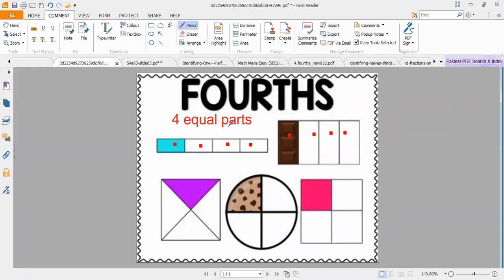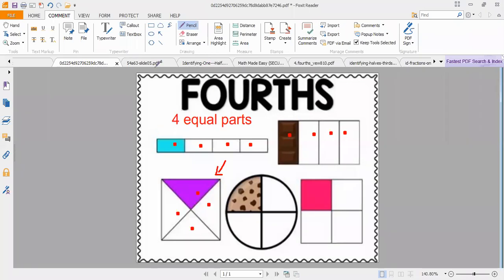Four equal parts. Ahmed, can I say that this shape has four equal fourths? Yes. Why? Four equal parts. Yeah, because it has four equal parts. The parts are four and these four parts are equal. Thank you.